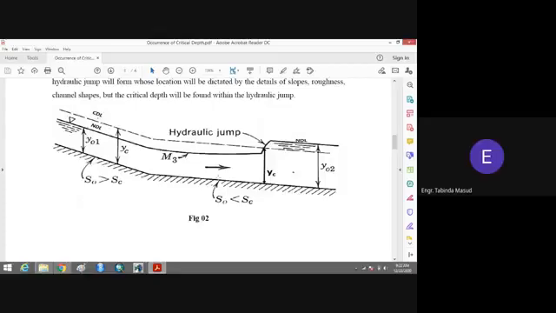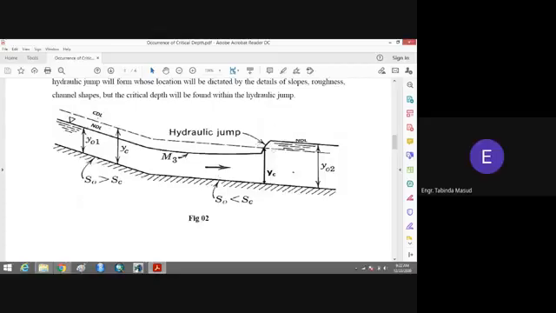And this is very, very obvious. It looks like, for example, a high velocity flow is coming and you give it a sudden brake. So what will happen at the sudden brake? The depth of the flow will be increased, but before that there will be a kind of disturbance that is known as the hydraulic jump.